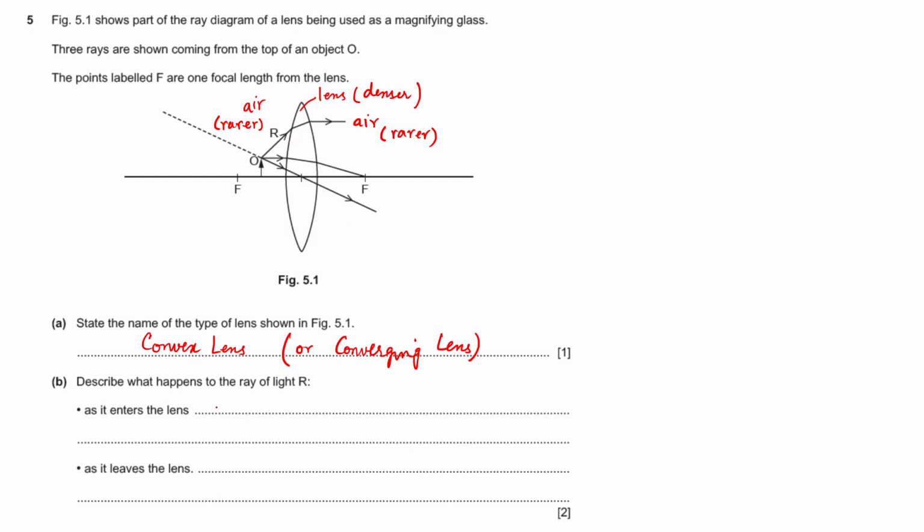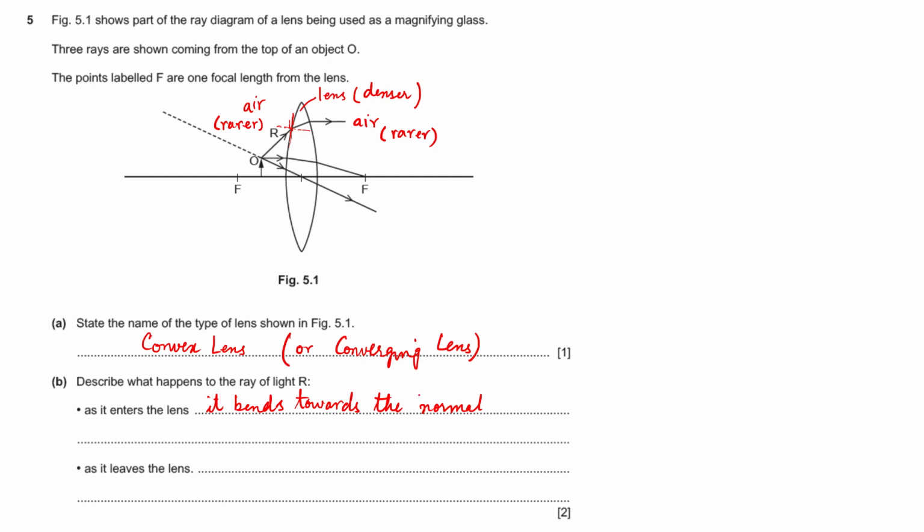So just simply say as it enters the lens, it bends towards the normal, or you can easily draw this normal over here as well. So just draw a tangent here, and this will be your normal.